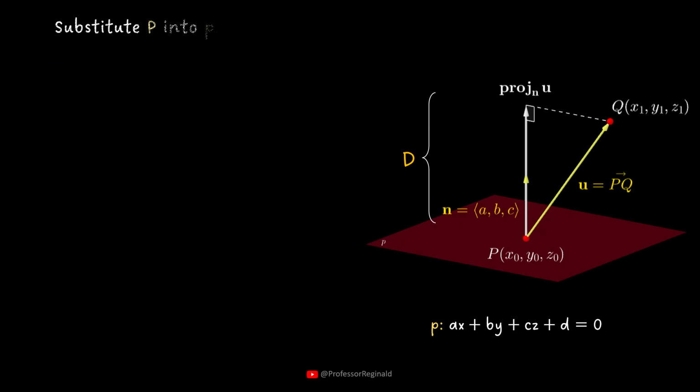Substitute the point in the plane into the equation of the plane, because this point is on the plane and therefore must satisfy its equation. So the constant term of the equation of the plane is given by this equation. Note that a, b, and c are all known quantities from the normal vector.